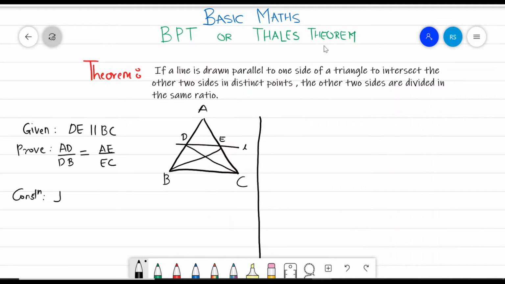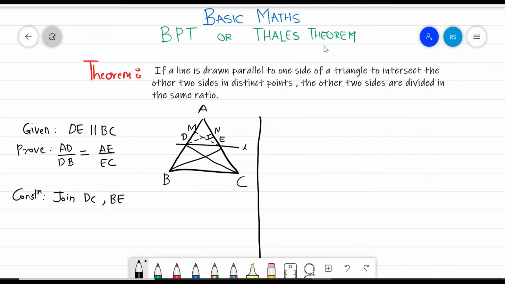So we'll write here, construction: join DC and BE. And the second construction is drawing a perpendicular on AC. We'll name it as N, and we'll draw a perpendicular on AB.